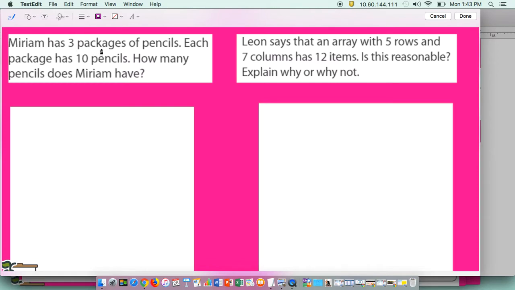Miriam has 3 packages of pencils. So I'm going to underline that, 3 packages. Each package has 10 pencils. How many pencils does Miriam have? So let's do a bar diagram here. 3 packages. There's 3 packages here.